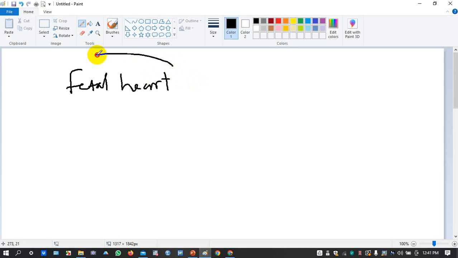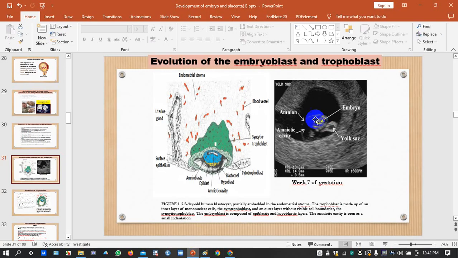That's the first organ that appears, on the 3rd week up to the 7th week. By the 7th week, all 4 chambers of the heart can show on ultrasound. So the fetal heart will show whether this embryo is alive or dead.